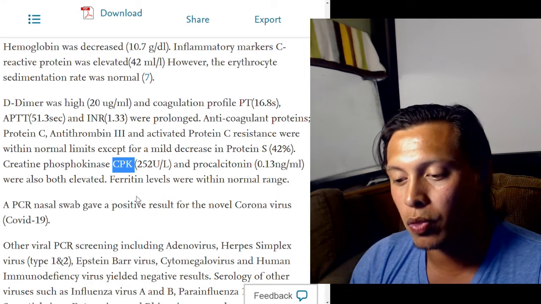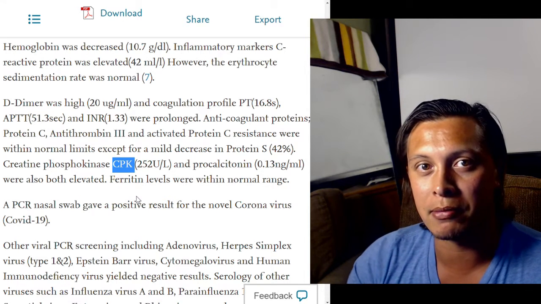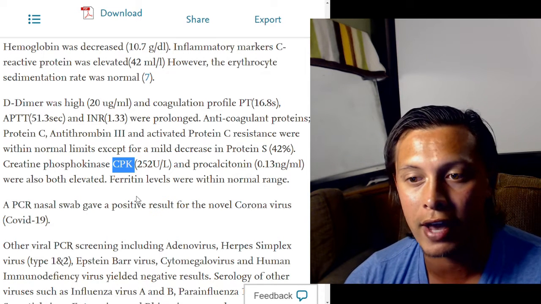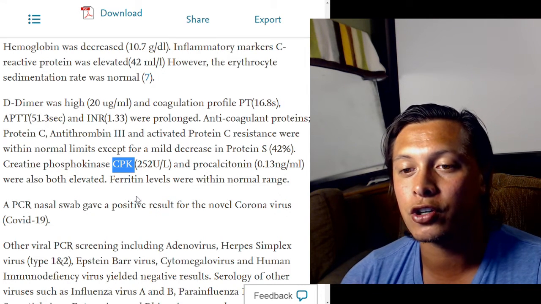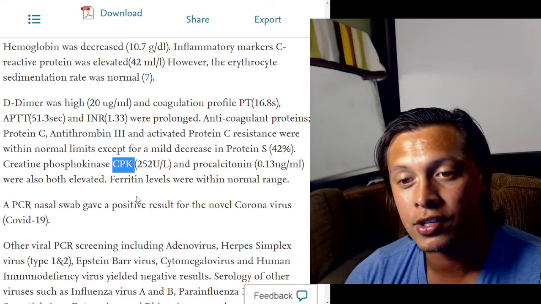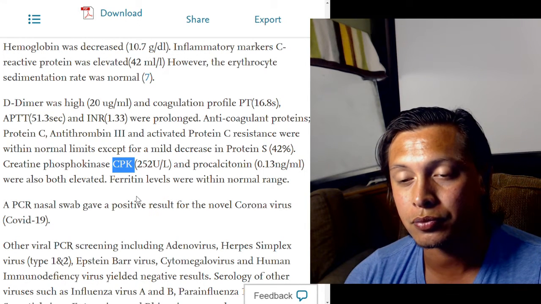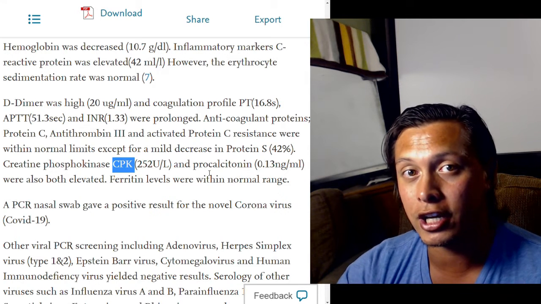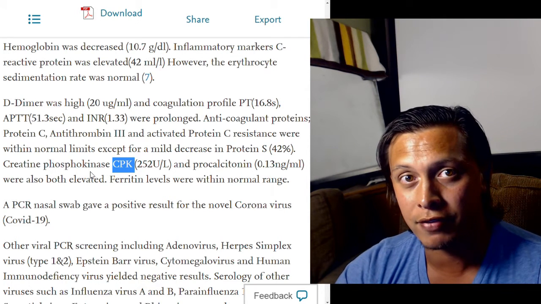Creatine is one of the chemicals that facilitates the storage and transport of energy. And creatine phosphokinase is one of the enzymes that will take creatine and turn it into creatine phosphate.